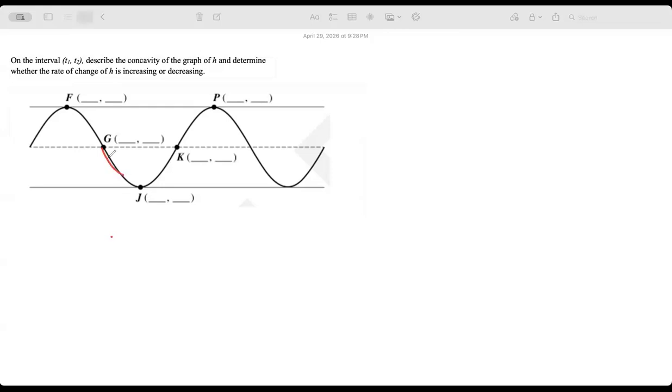So this is concave. Just tell me the concavity of the graph and the rate of change of h. You can tell me, guys. You can shout out or you can send it to me. Anything works.